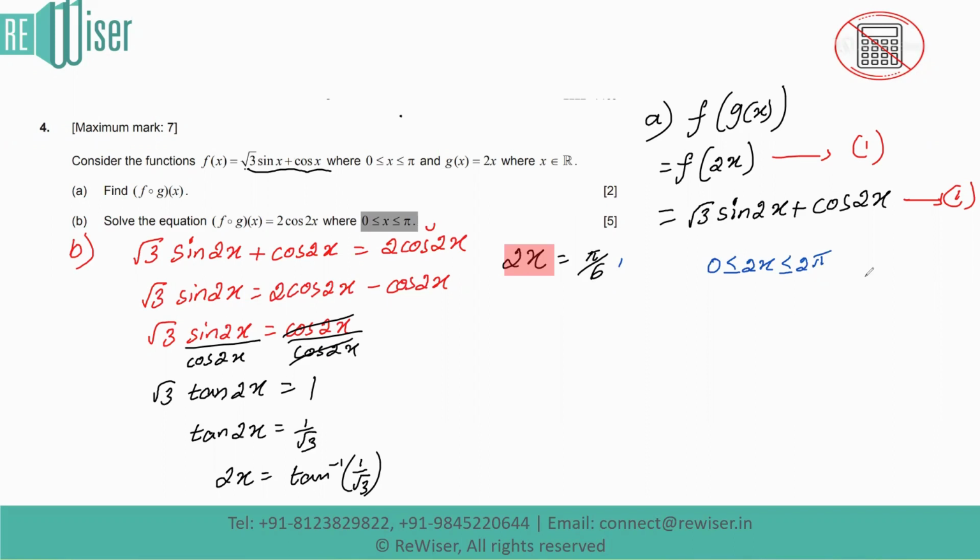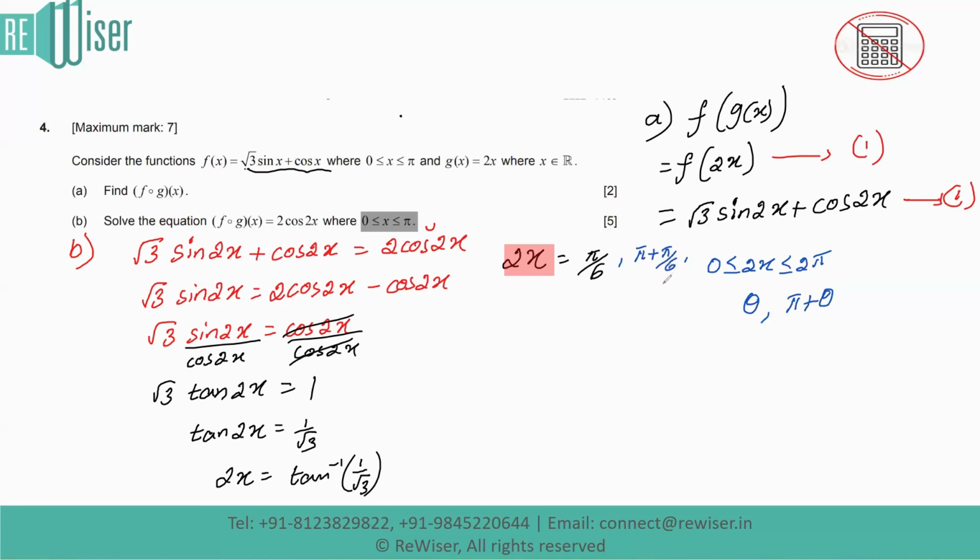Now, whenever we are getting the angles with tan inverse, if the first angle is theta, the second angle would be 180 plus theta. Of course, 180 in radians would be pi plus theta, because tan is positive in the first and the third quadrant. So the second angle would be pi plus pi by 6.